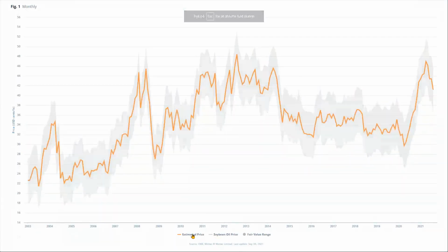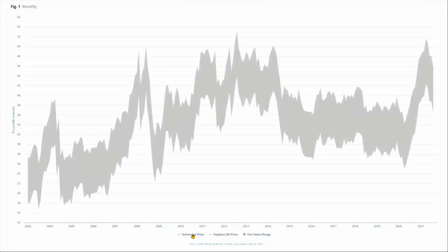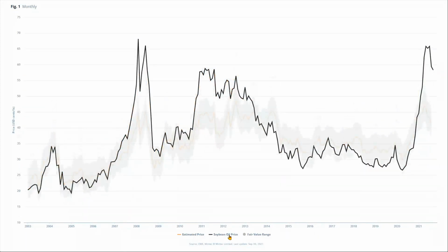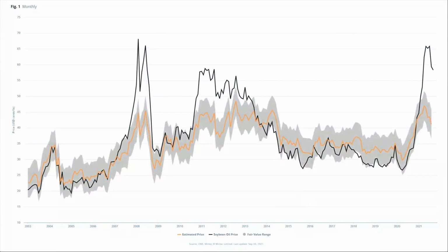This gray band here is the fair price that we calculate. So this is our proprietary way of calculating things. So we look 20 years back and look at how the market is reacting to this. And the orange line is just the middle point. So if I look at this, I basically get two things out of this.